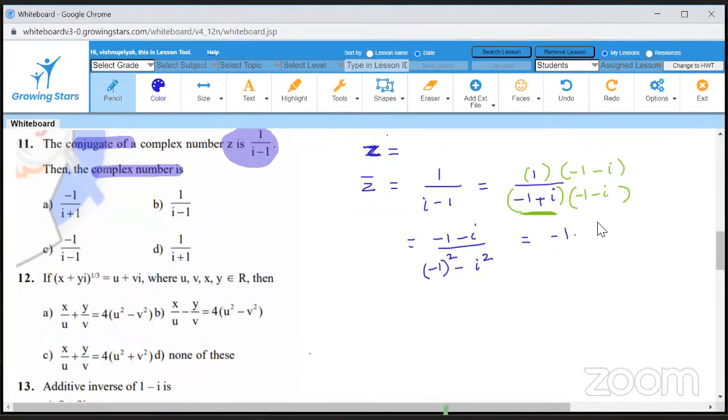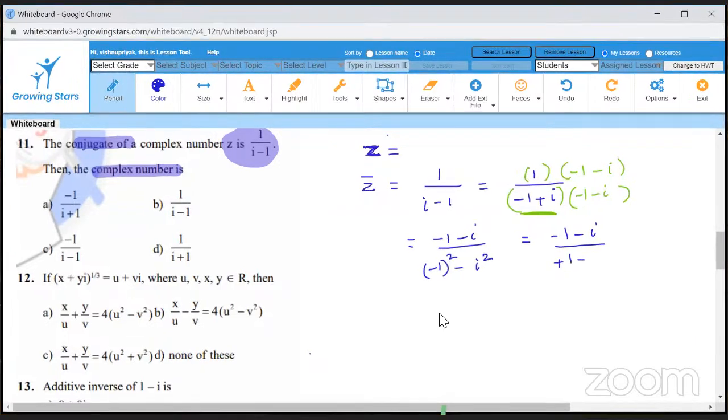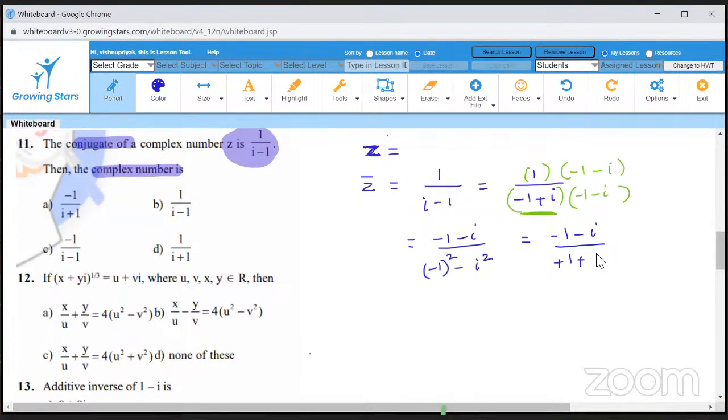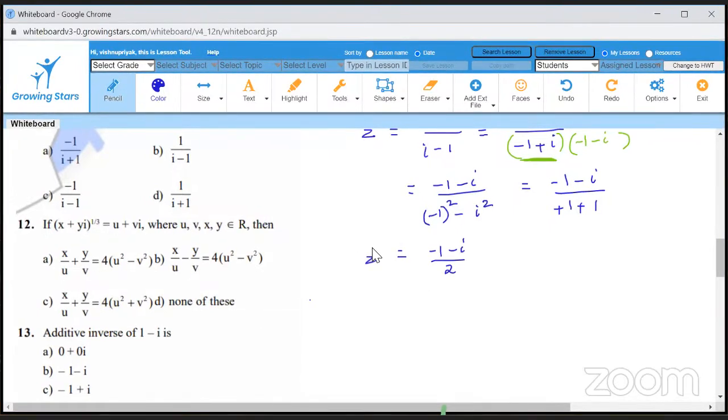So now what will you get when you multiply? You will have minus 1 minus i in the numerator. Denominator is a square minus b square: minus 1 squared becomes plus 1, and minus of i square is minus 1, so it becomes plus 1. That means you will have minus 1 minus i by 2. This is z bar.